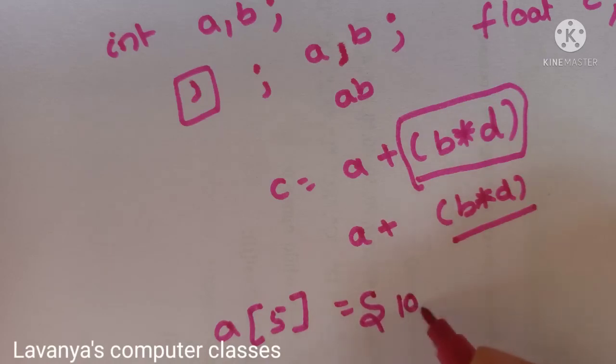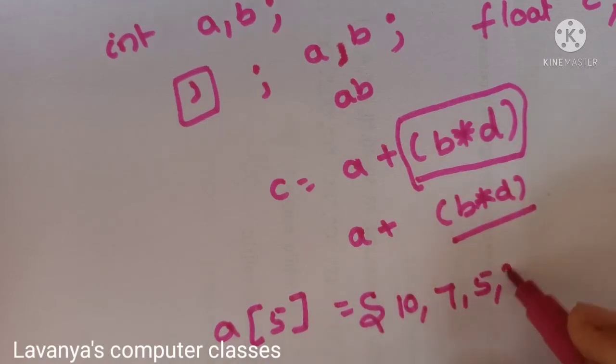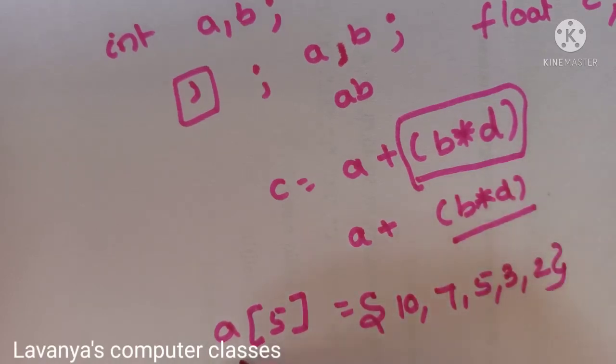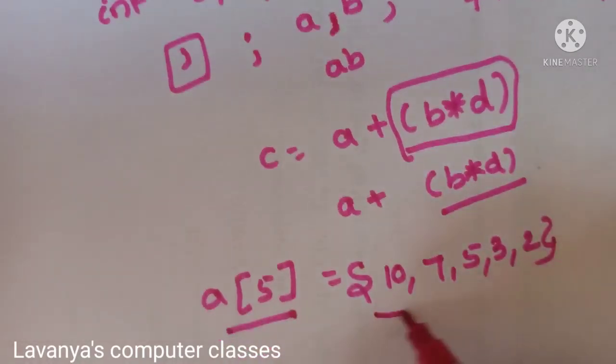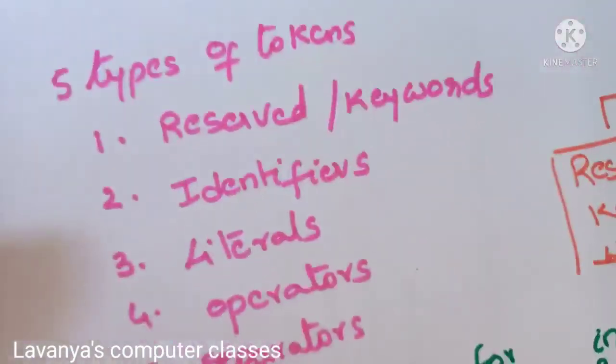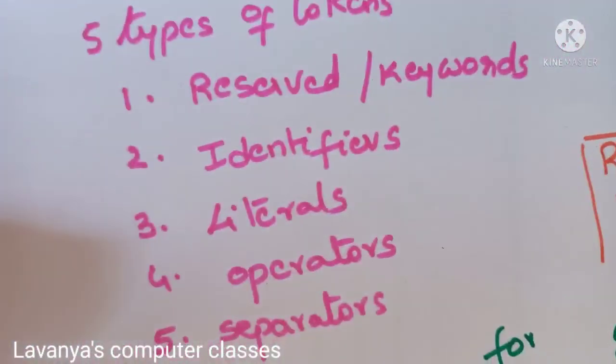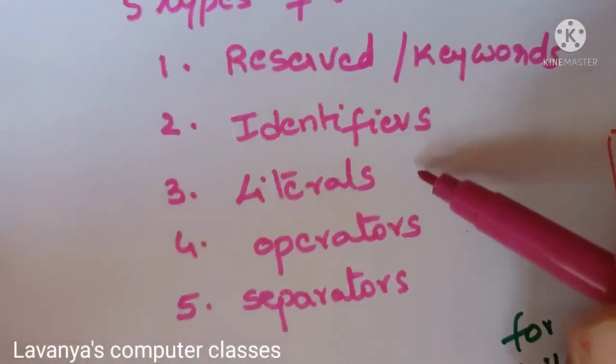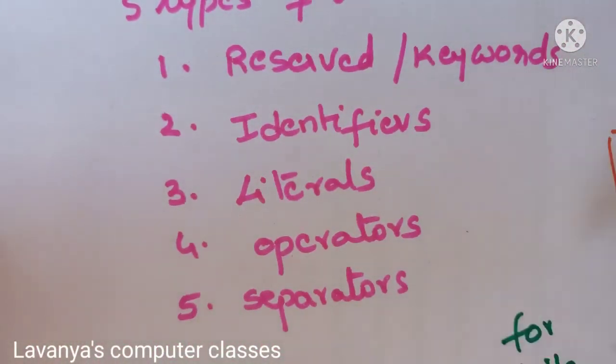Here it is used like this. In array initialization, this is the separator and flower brackets are also a separator. So these all are parts of tokens. So tokens are divided into five parts in total. What are those? Keywords, identifiers, literals, operators and separators.